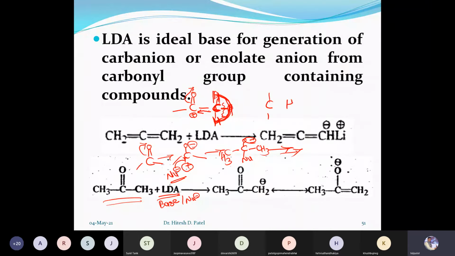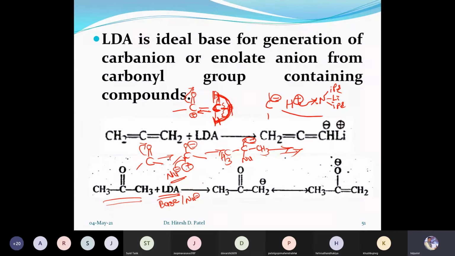Hydrogen will be eliminated as H plus and carbon becomes negative, and this H plus will bind with LDA, isopropyl, Li, and H will bind with this.